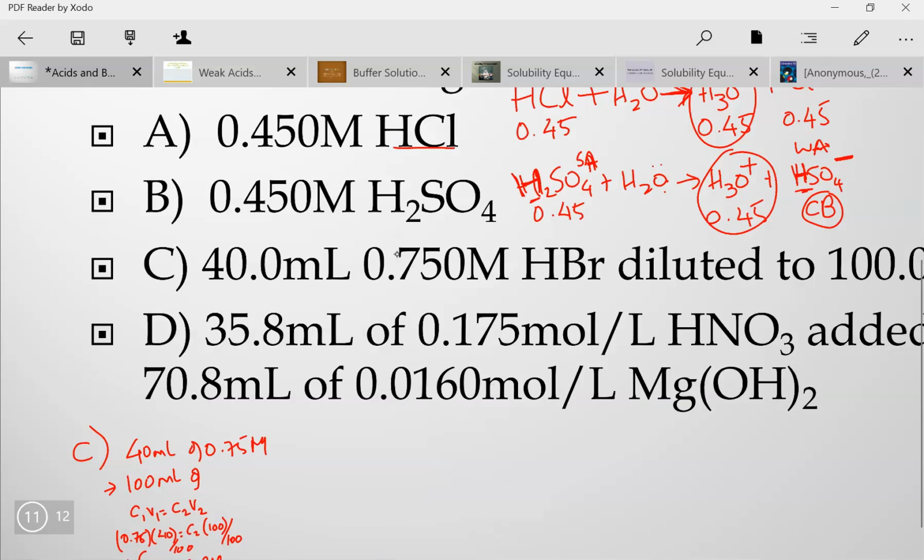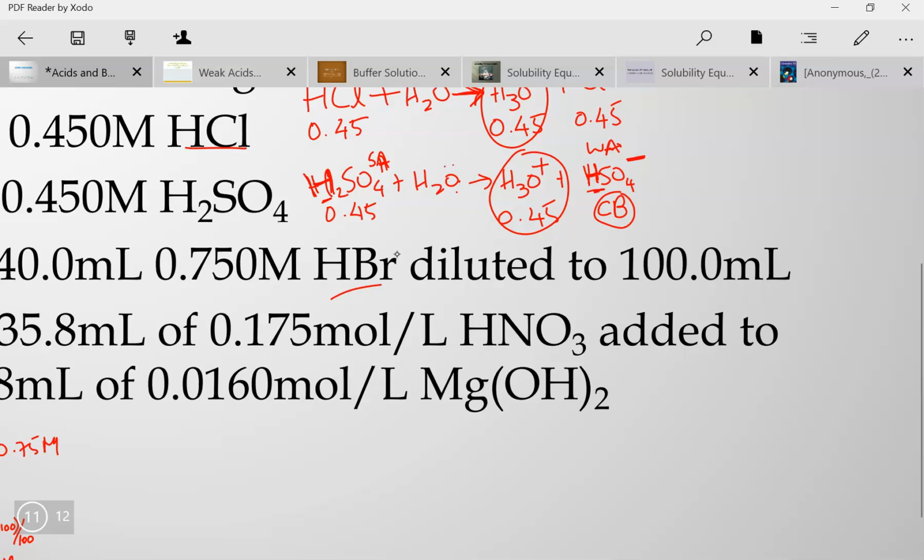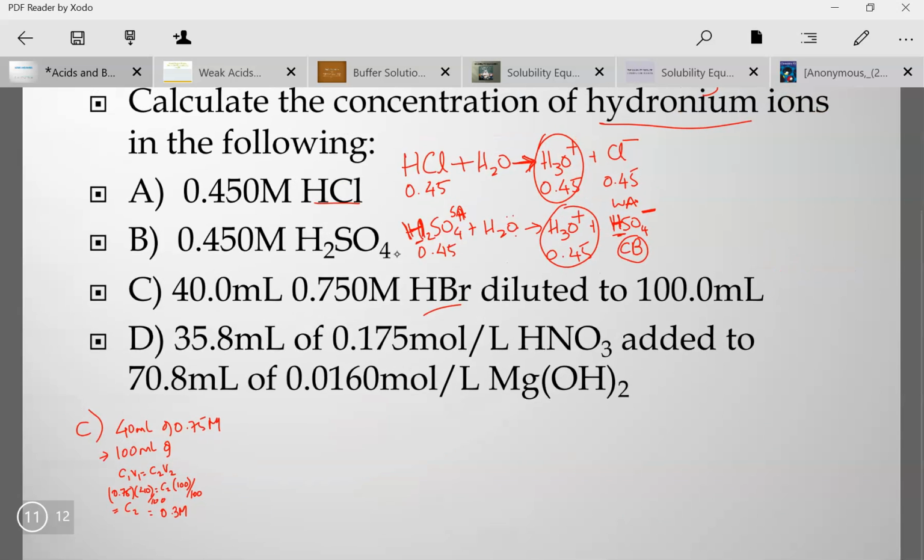And so we know that our new concentration of HBr is 0.3 molar, so our new concentration of H3O plus will also be 0.3 molar because HBr is a strong acid. So here we have a neutralization reaction where you have an acid added to a base.